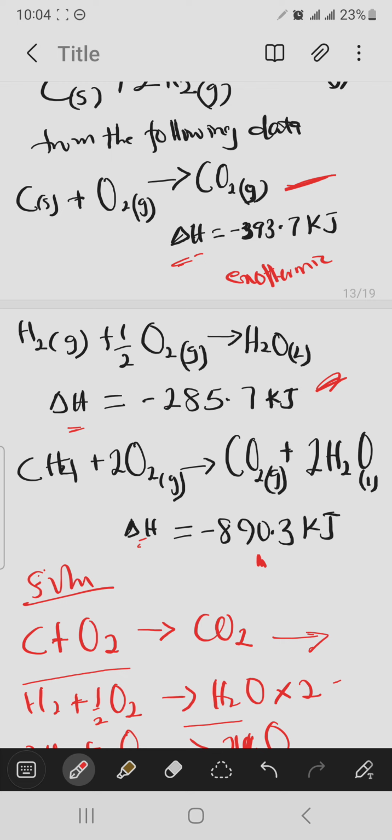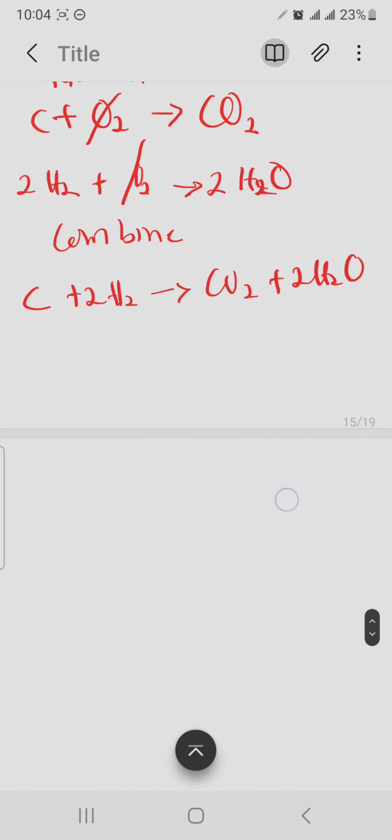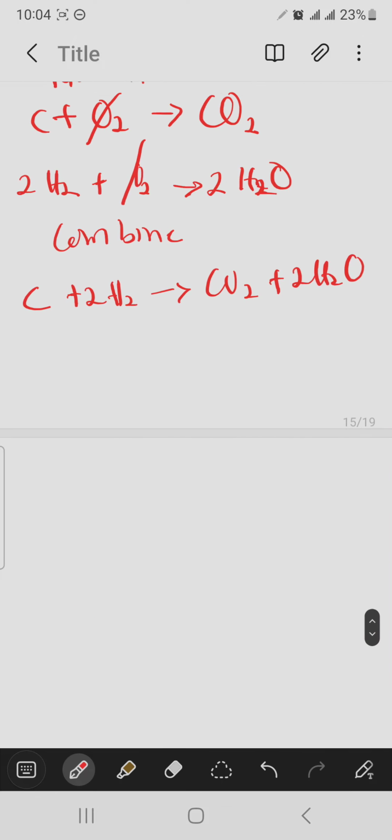The enthalpy change of this, I'm going to add them. It means I will now have the two enthalpy changes, which is going to be 393.7 plus 285.7. So the enthalpy change for these two will now be equal to 393.7 plus 285.7.